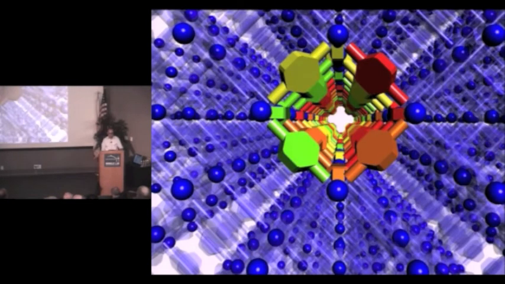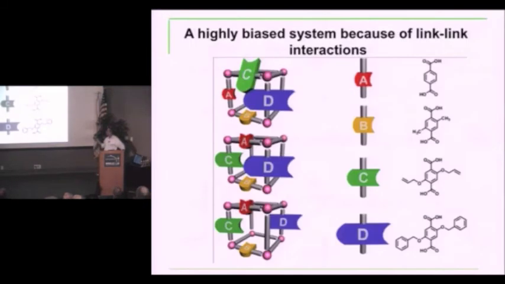So it's not a random, statistical mixture of functionalities, because within each pore you have functionalities that bias what comes next to them, just because they might be bulky or they might have different pKa for that particular link. So the system is biased to the point that, in fact, I believe that there are sequences of functionalities, just like you have sequences of nucleotides in DNA.